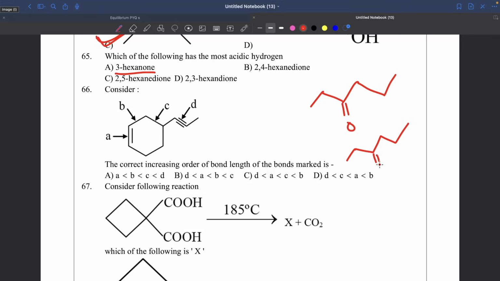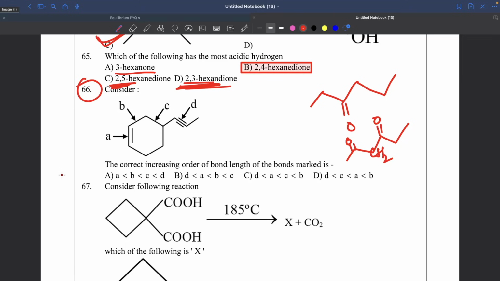So second carbon, third carbon, fourth carbon. So this will be having the most one, yeah. So this hydrogen is more acidic here. So answer for this question is hexane dione. So 2 5, so they are separated. 2 3 are also separated, they are next to each other.